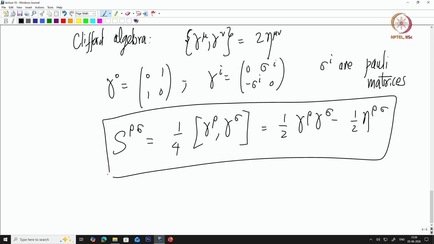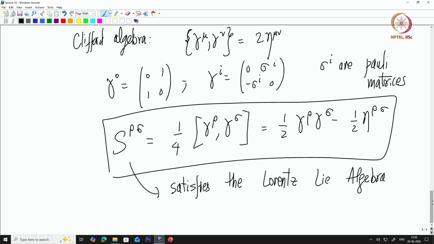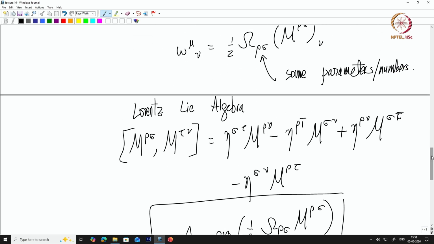And this satisfies exactly the Lorentz Lie algebra I have written here. So this is the fancy Lorentz Lie algebra.